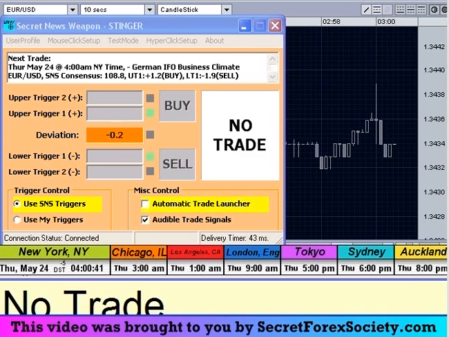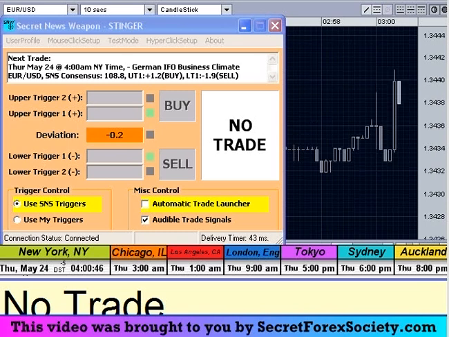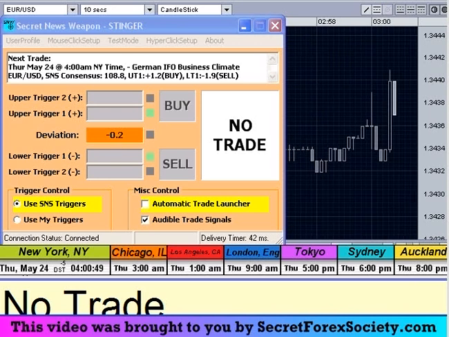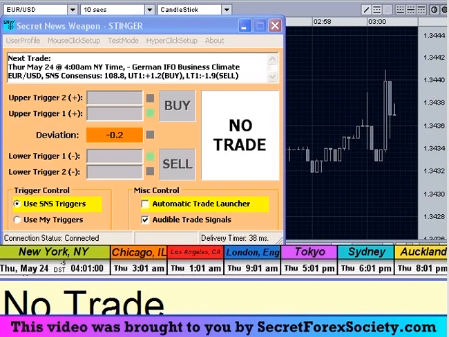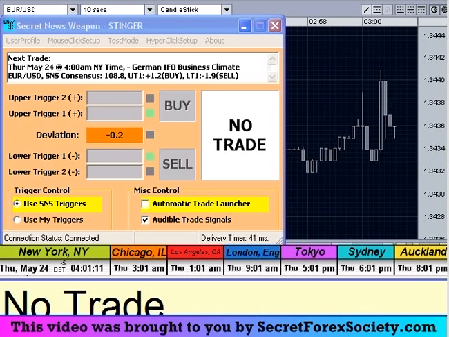Okay, no trade. Came out at 108.6, same as previous month. So as you can see, the price is doing nothing for now. The current assessment came out lower by 1 point actually, but the expectations came out a little bit higher.